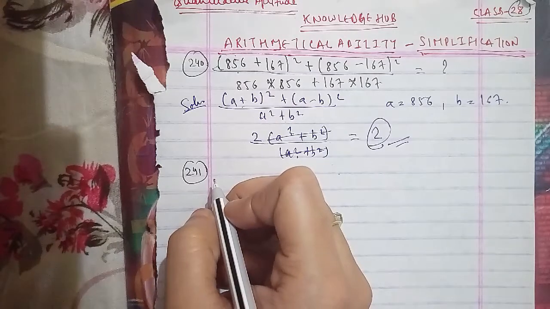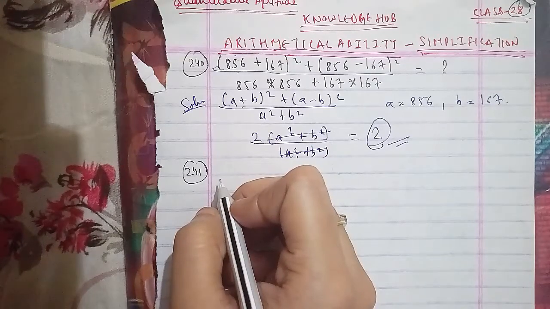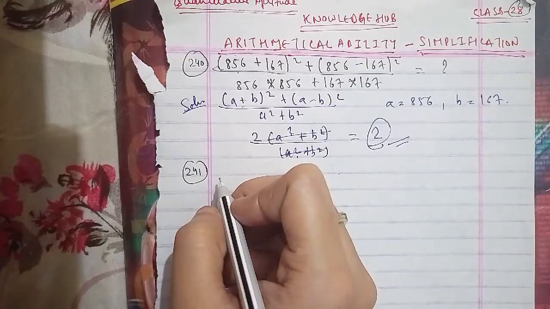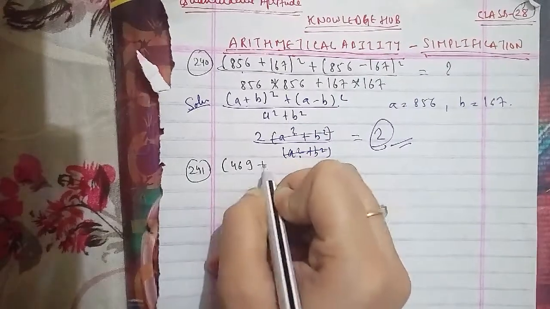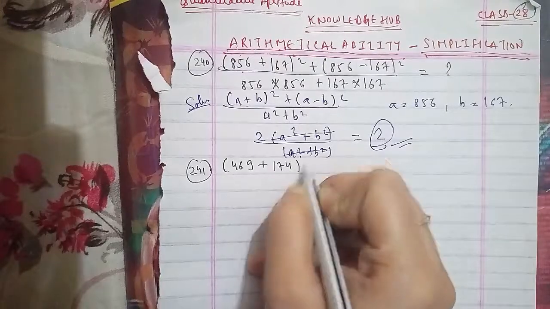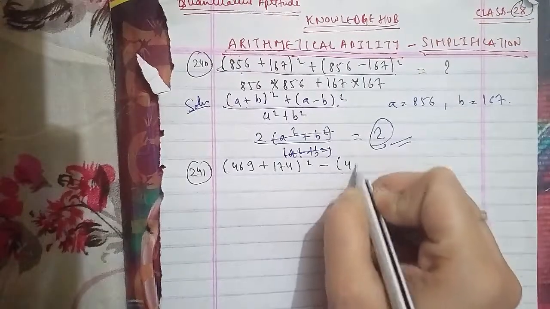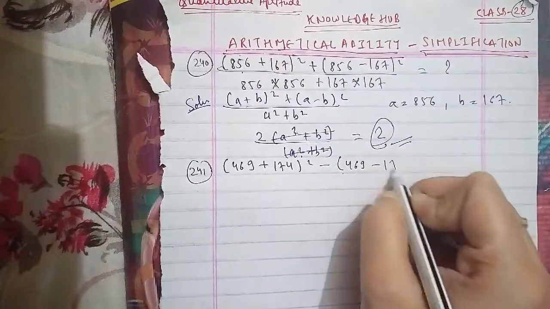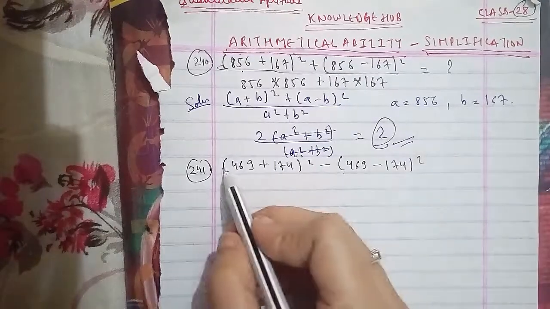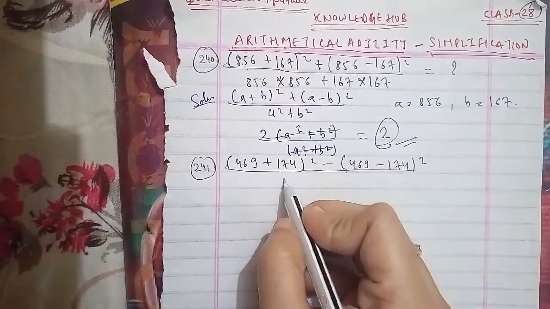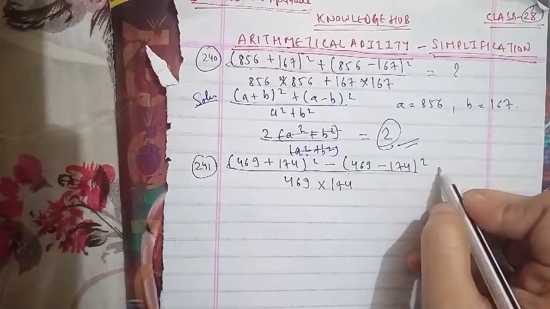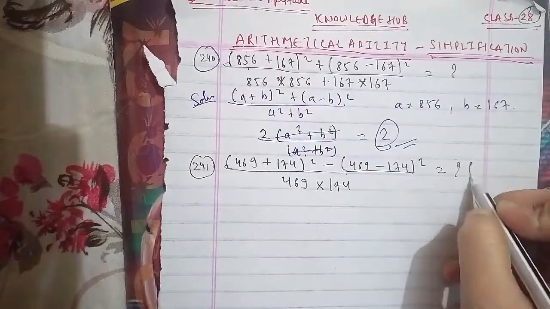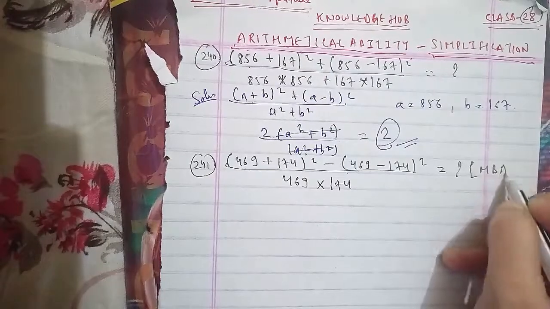Let's go ahead: (469 plus 174) square minus (469 minus 174) square whole upon 469 into 174 equals the question mark.